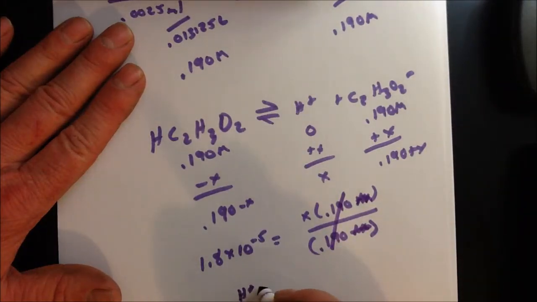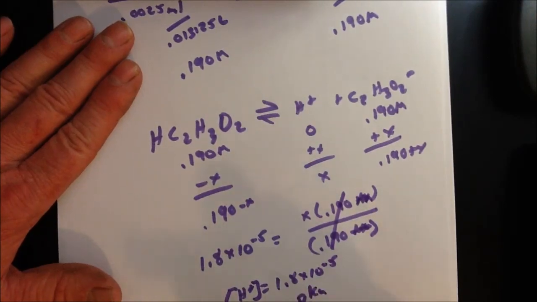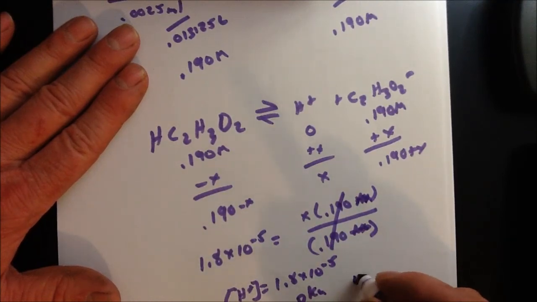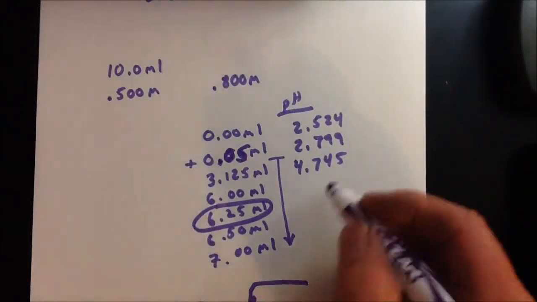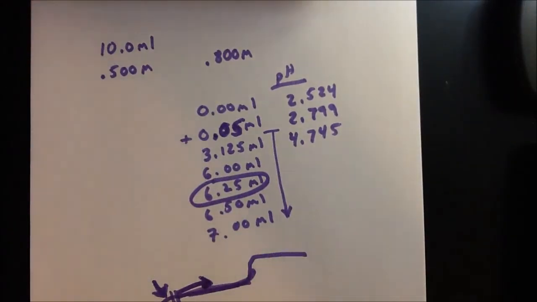So the H plus concentration is equal to 1.8 times 10 to the negative fifth. Or we say pH, negative log of H plus, equals pKa, negative log of the Ka. So when I take the negative log of 1.8 times 10 to the negative fifth, I get 4.74, or 4.745, the pH at that point halfway to the equivalence point.